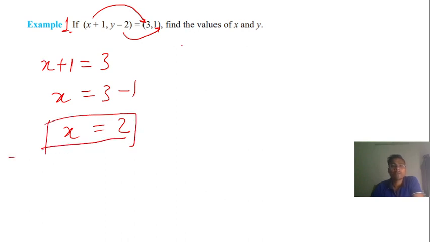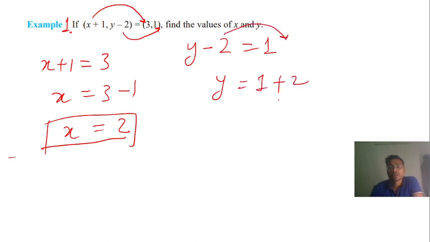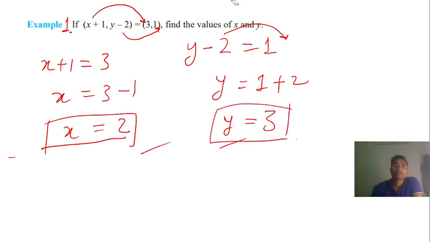Similarly, we can find y: y minus 2 is equal to 1, then y is equal to 1 plus 2. We send the negative 2 to the other side, so it becomes positive, and y is equal to 1 plus 2, that is 3. So that's how we did our question.